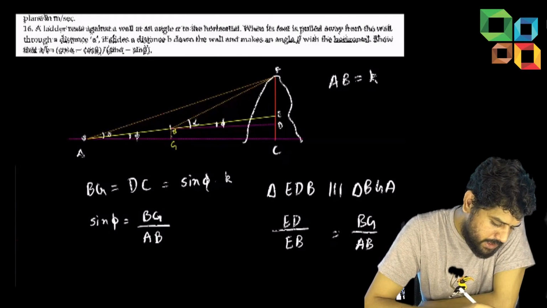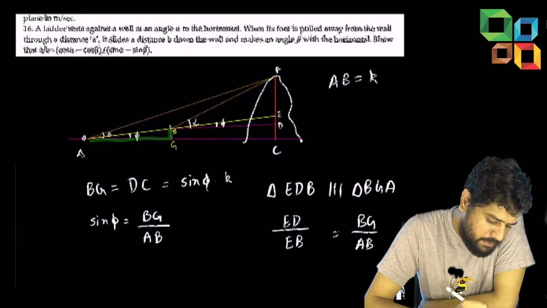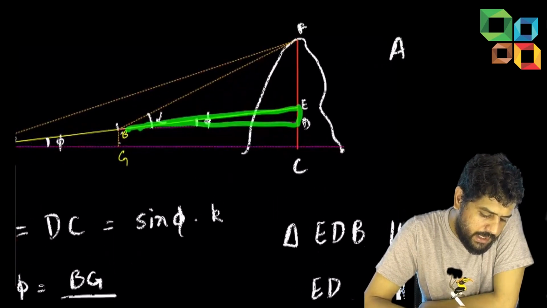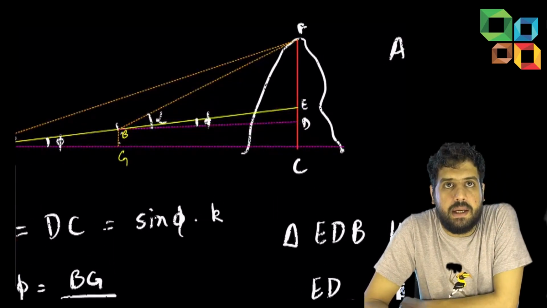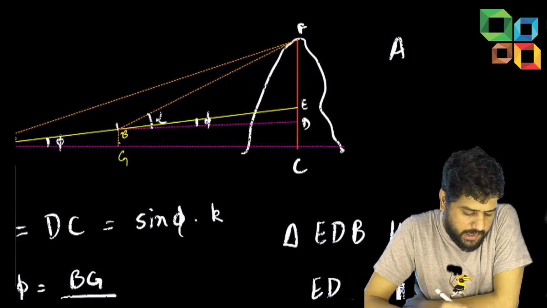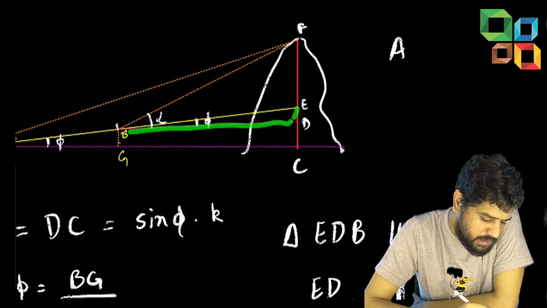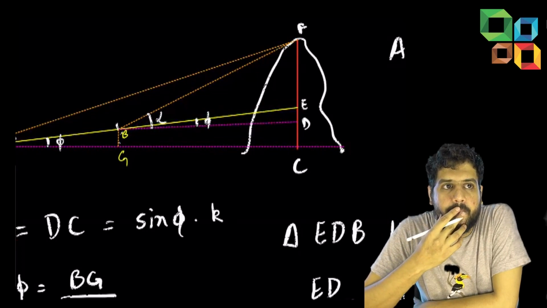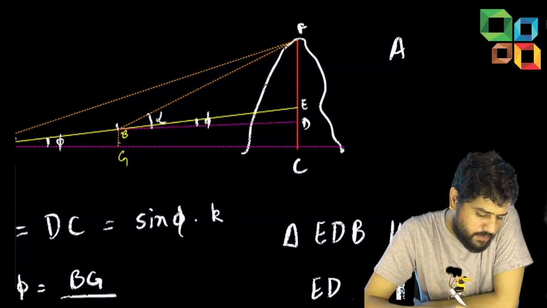So that AG we can find, this length we can find, but the problem is in this triangle, unless you know any one length, you won't be able to find the other length. So at least one length needs to be known, either this or this or this, to find the other length. Right? Because it's a ratio of sides, no?